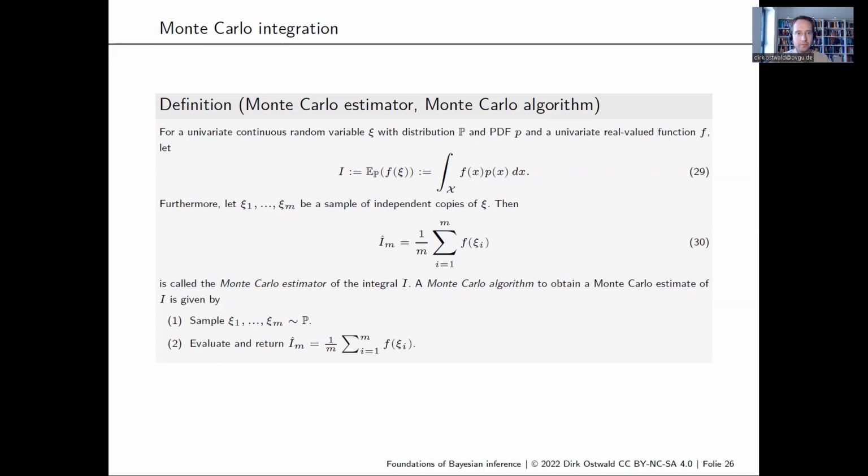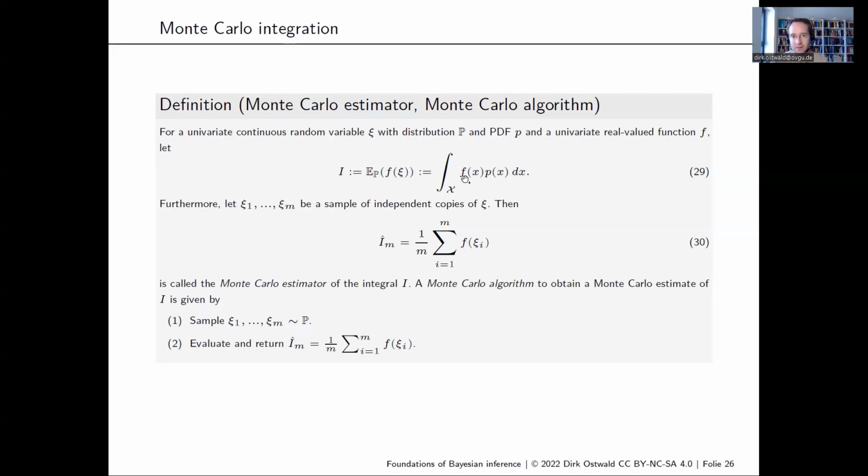So if you have a continuous random variable X with a distribution P and a PDF small p, and you have a univariate real valued function f, then you can consider the expected value of this random variable under this function, which is an integral.